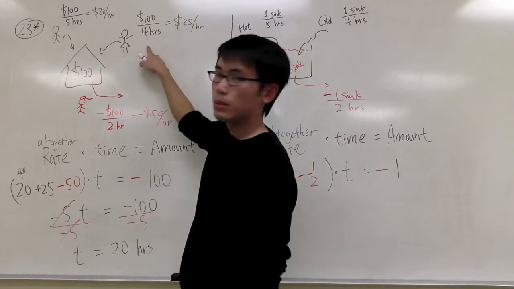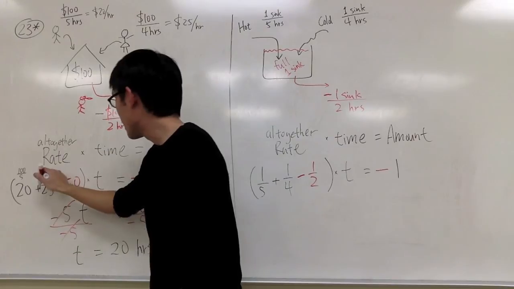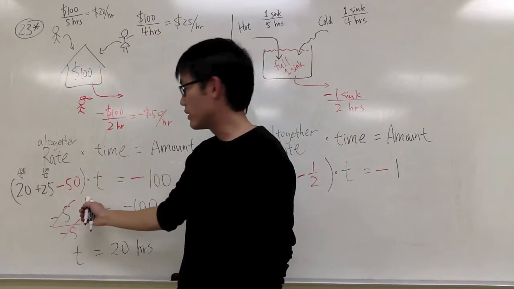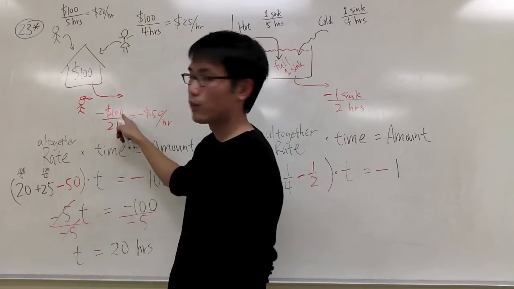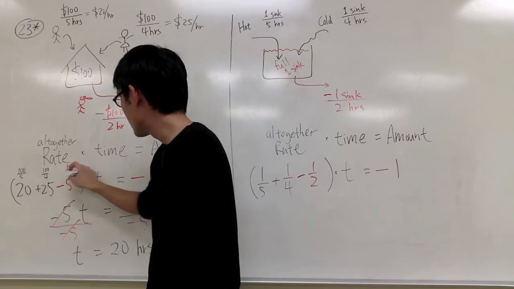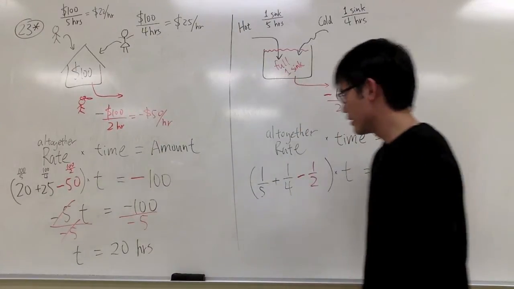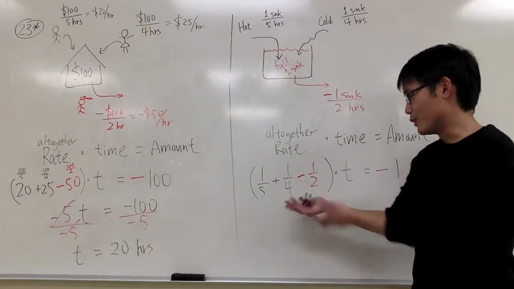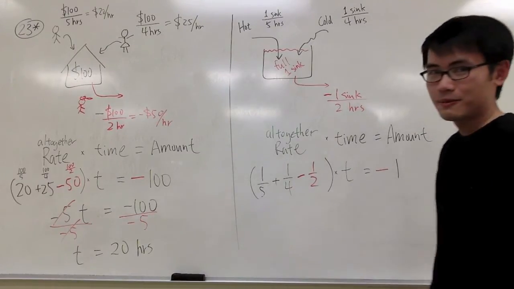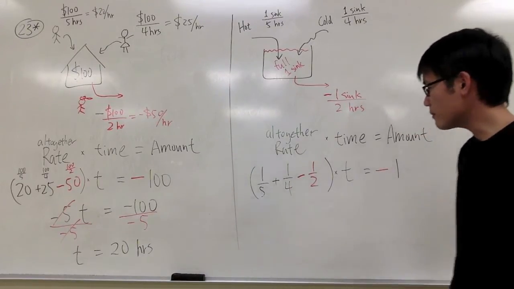It's because 100 divided by 4. And how did we get the 50? Because we take 100 divided by 2. And here we just have fractions. Well, they are fractions. These are just the fractions that we have to deal with.